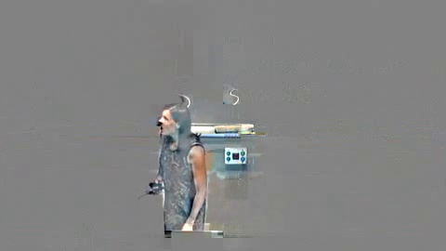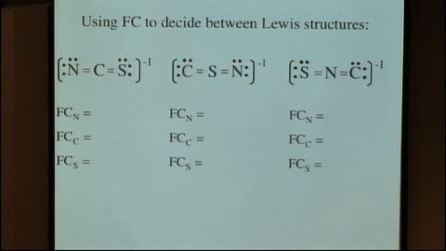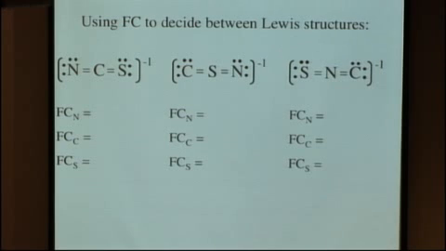So let's think of all of the combinations that we could have in terms of this molecule. So in one case, we could actually put carbon in the middle. In one place, we could put sulfur in the middle. And in one case, we could put nitrogen. And then let's quickly write out what the formal charges for all of these will be. So in our first structure, we would find for the nitrogen, we have a formal charge 5 - 4 - 2 because we're starting with 5 valence electrons.